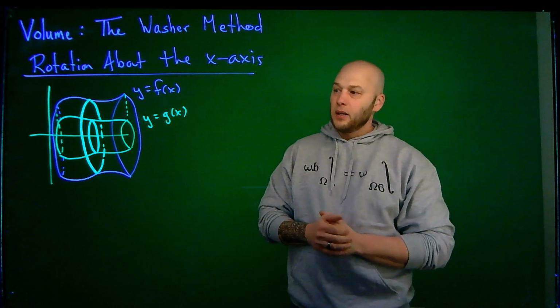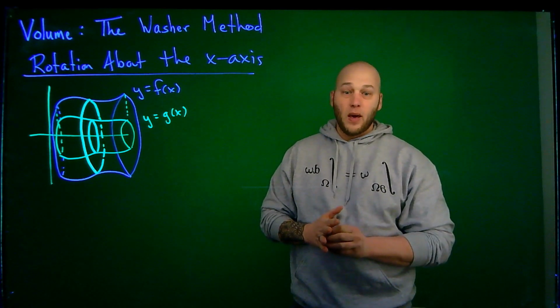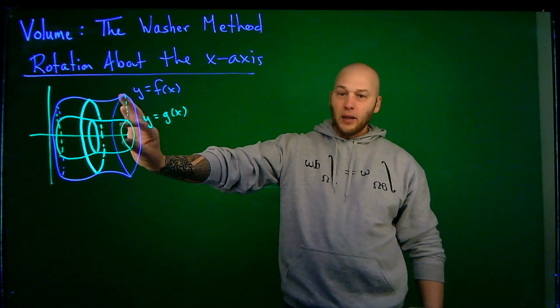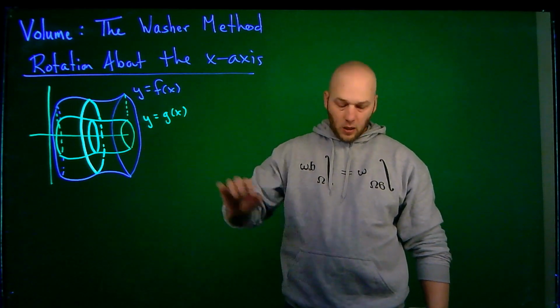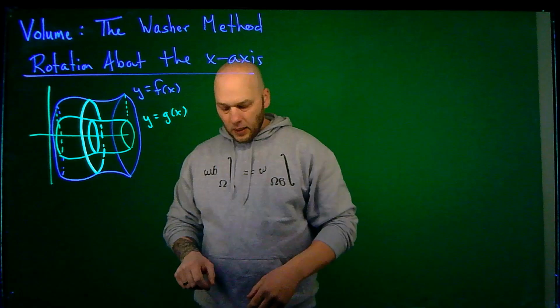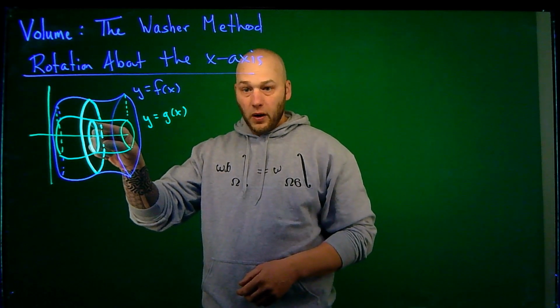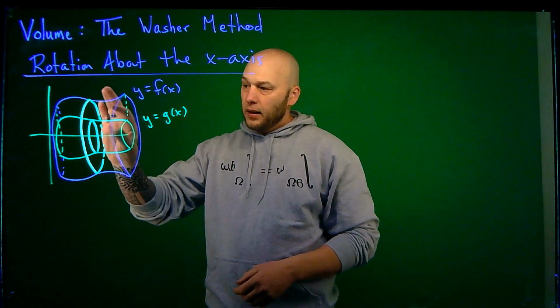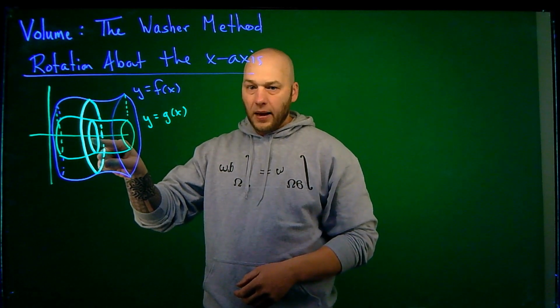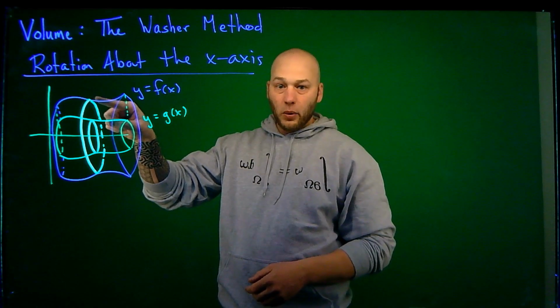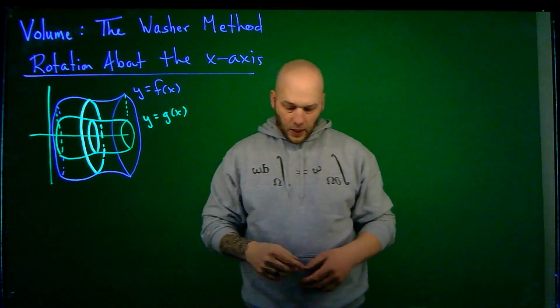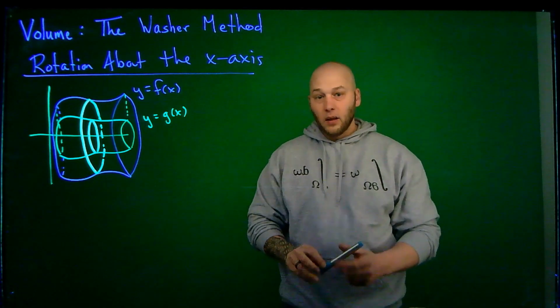And the idea is I need two pieces of information for that washer. I need the inner radius and I need the outer radius. Notice that the inner radius is going to go from the axis of rotation to the innermost function, or the lowest function. The outer radius is going to go from the axis of rotation to the outermost function, or the upper function. And therefore, I get the following.